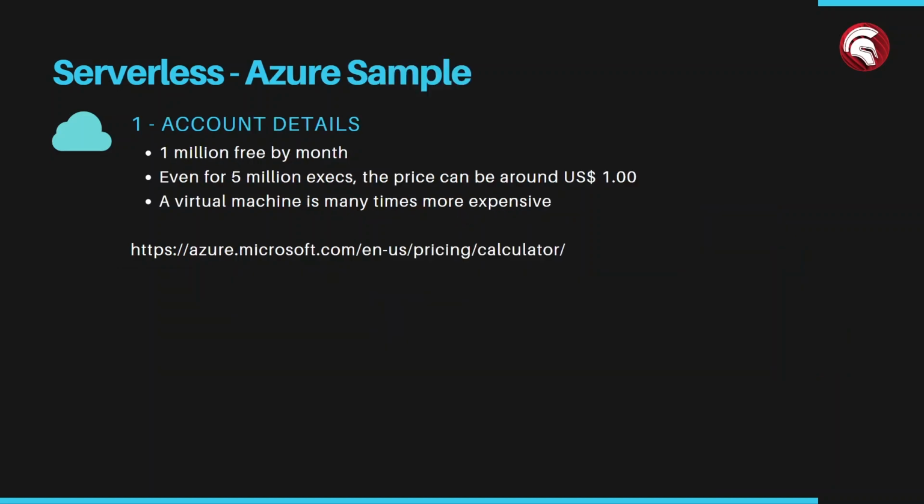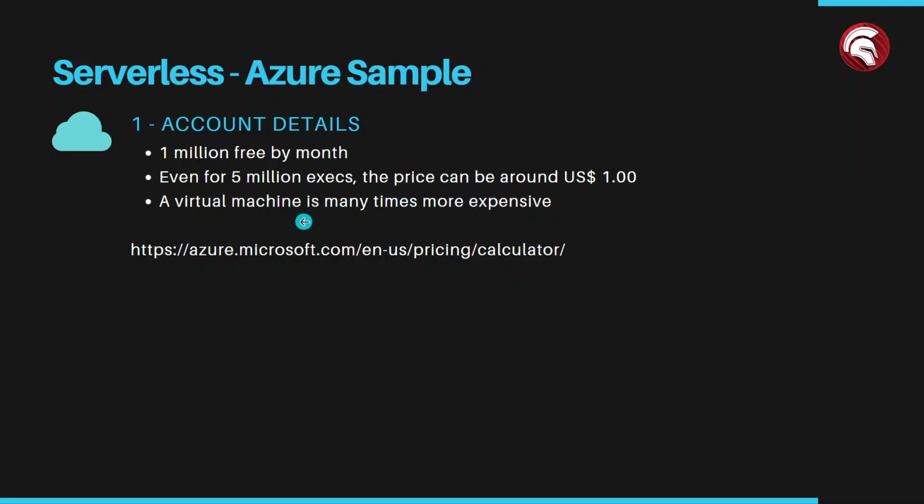Okay, right. Consider 1 million free executions per month. Even 5 million executions will be priced around $1, just $1. 5 million executions of one function by a month will cost us about $1.